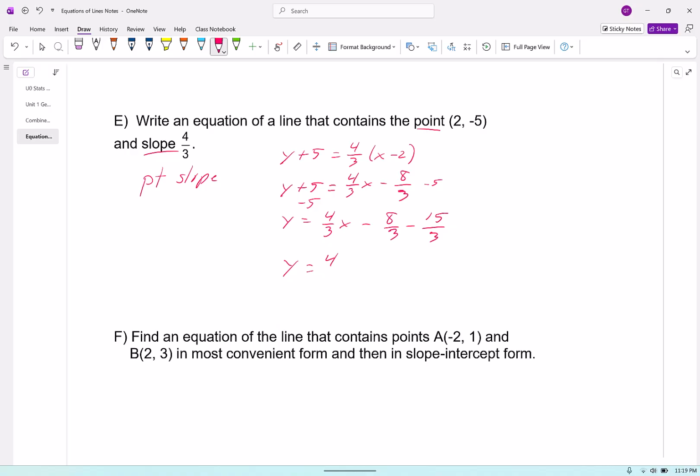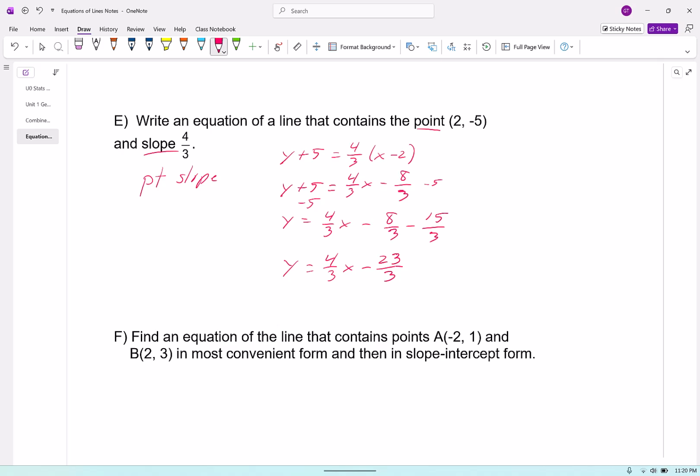So simplified, 4/3 x minus 23/3. Okay, so that would be my slope-intercept form.